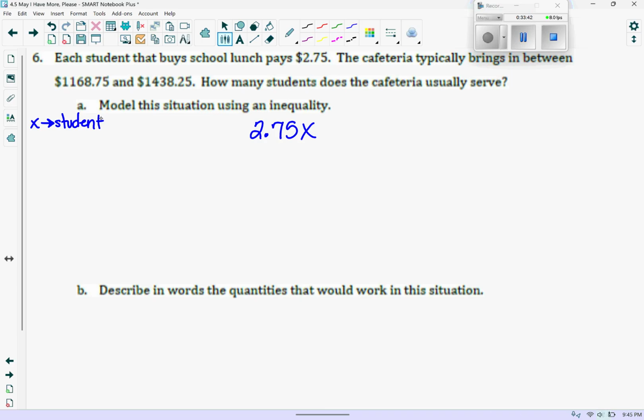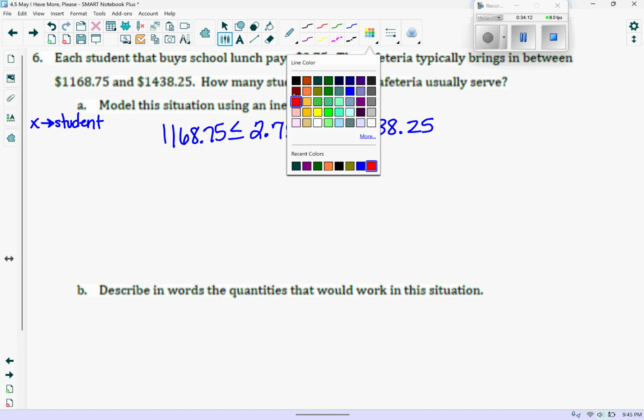All right, for this one, it's between, so you've got 1,168.75 is less than or equal to 2.75x is less than or equal to $1,438.25. All right, because it's between those two dollar amounts, and you know that you're paying $2.75 per student.